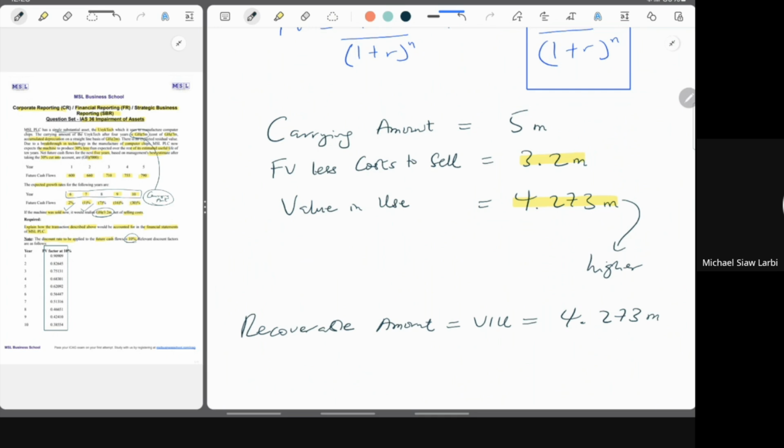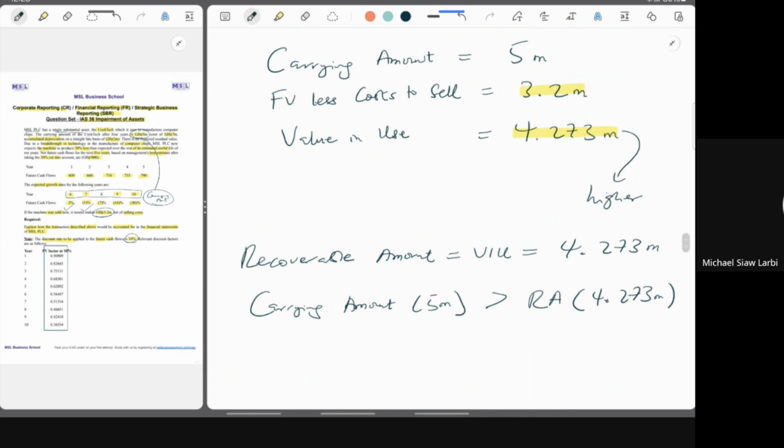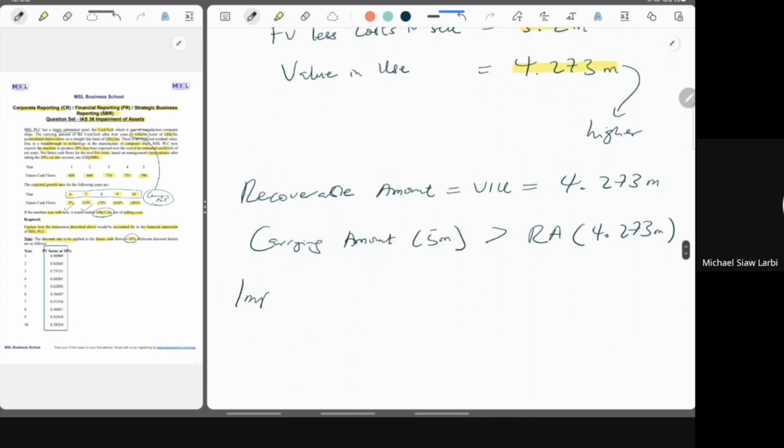Then we can say our carrying amount of 5 million is greater than our recoverable amount of 4.273 million. Therefore, the asset is impaired. The impairment loss will be the difference. So our impairment loss should be the difference between 5 million and 4.273 million.